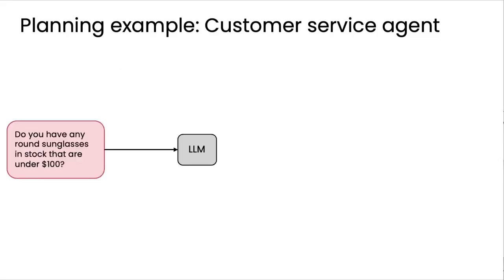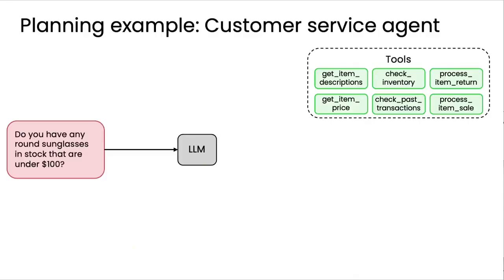In order to do so, we're going to give the LLM a set of tools to let it get item descriptions, such as look up if different glasses are around, check inventory, maybe process item returns, which is not needed for this query, but we need it for other queries, get item price, check past transactions, process item sale, and so on.